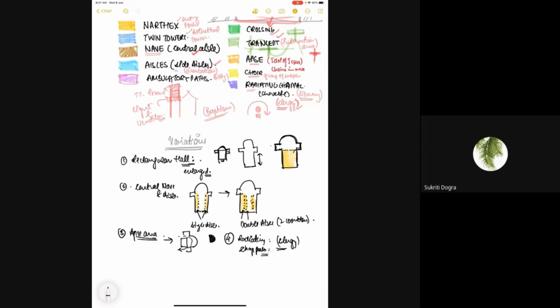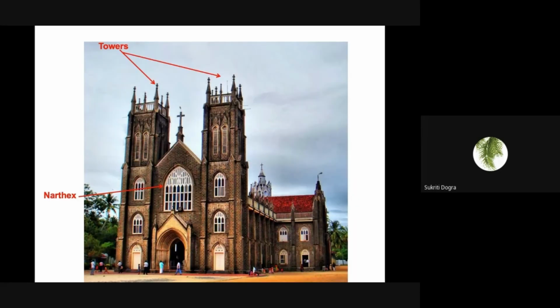So now I'll show you some of the pictures of the narthex. Okay. So here you can see your twin towers are around your narthex area. They are called twin towers since they are similar in nature. This is your main entrance, which is called Narthex. This tower has lots of openings and windows, even from above, so that it can take in all the ventilation, all the fresh air, and supply that air inside this church.